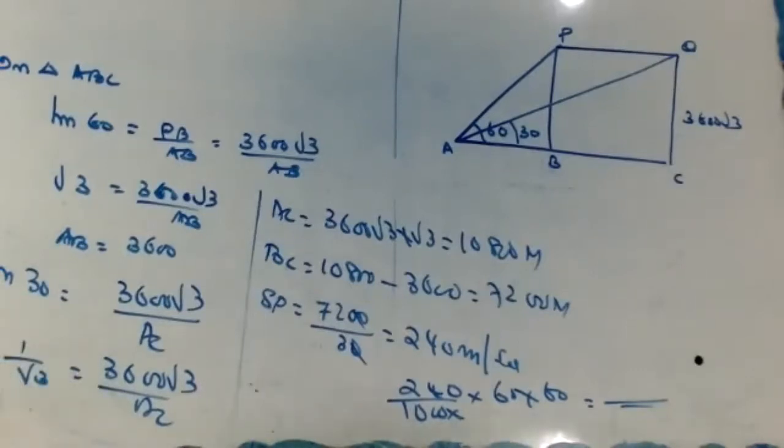And how to convert to meter? You have to convert meter to kilometer. Divide by 1000. Second, you have to convert it to hours. So divide by 60 and 60.